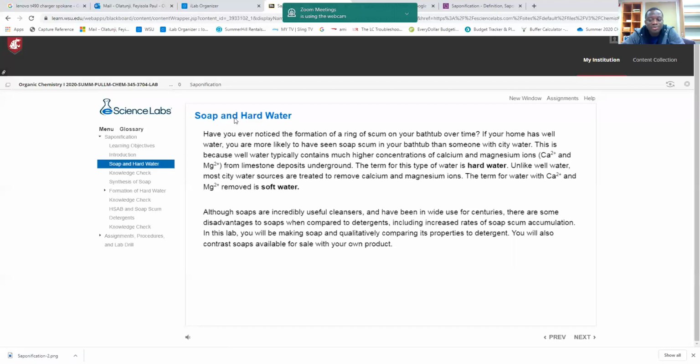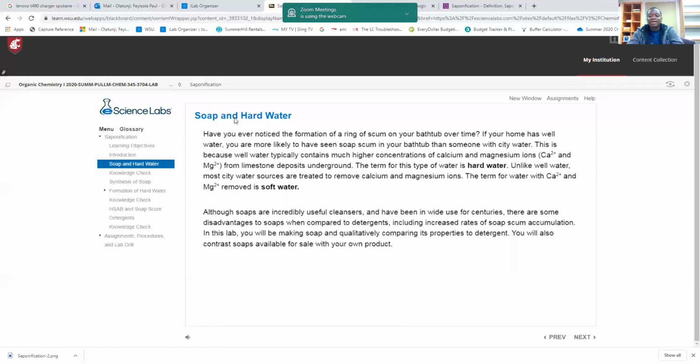If you're living on a farm, for example, some of your water might not be filtered, so you might have a high concentration of potassium or magnesium in there, and that way you form more soap scum.